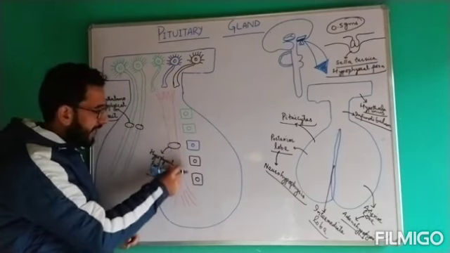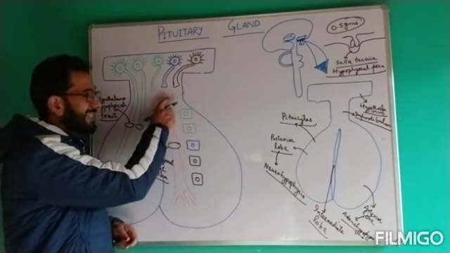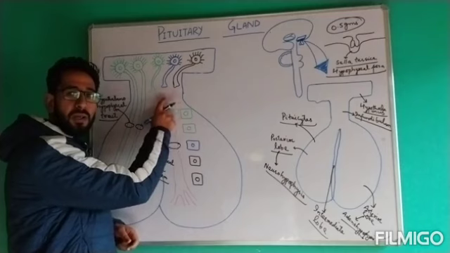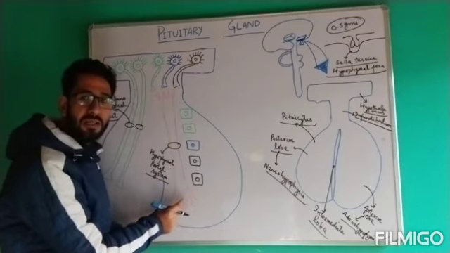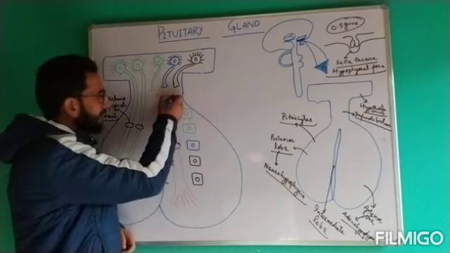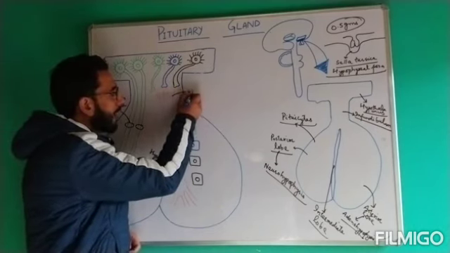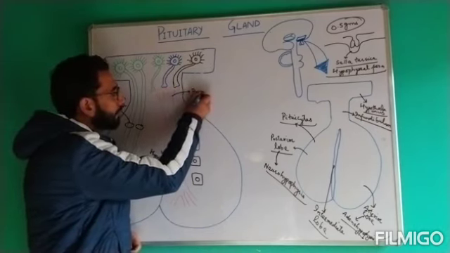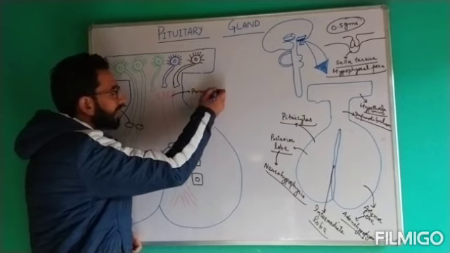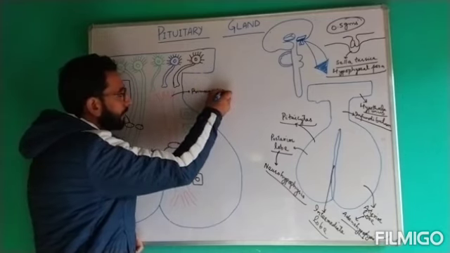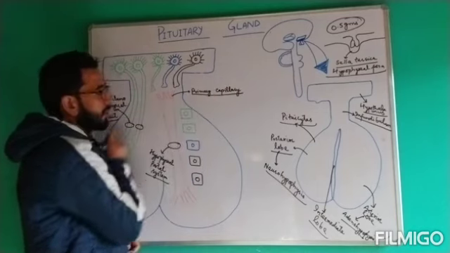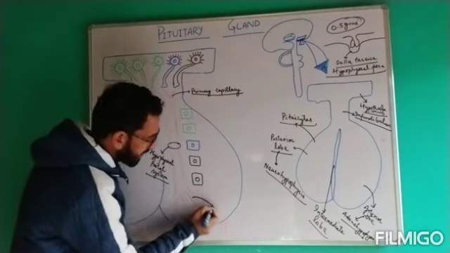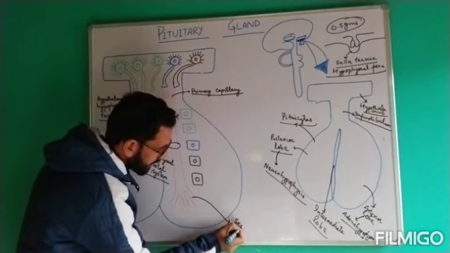One is this vein right here in between, then there is this capillary bed which is there in the infundibulum, and then there is this capillary bed which is there in the anterior pituitary gland. So this capillary bed right here is called the primary capillary bed, and this right here is called the secondary capillaries.